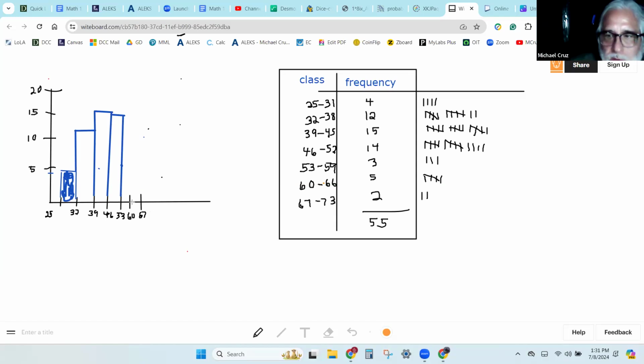And then this one, the 53 to 59, is 3. This one would be 5. I need one more. So this one would be the 73.